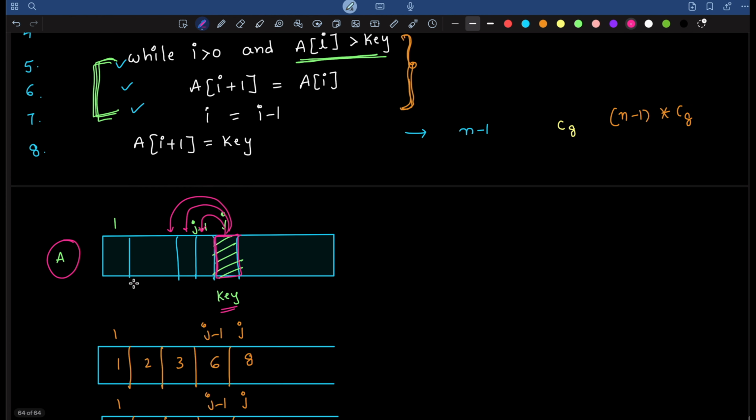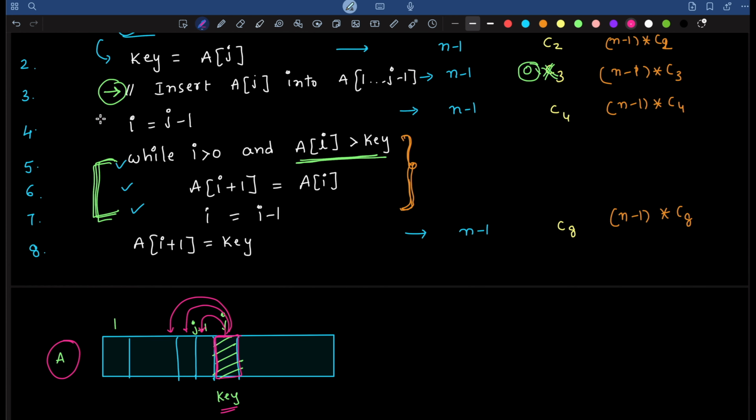Also, if you look at the algorithm, I initialize the value of i equal to j minus 1, and we continue this loop while i is greater than 0. That means the loop can run until i is equal to 1. In other words, we compare the key with each of these elements from A of j minus 1 down to A of 1, right?